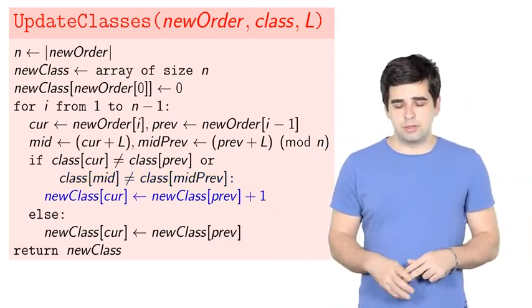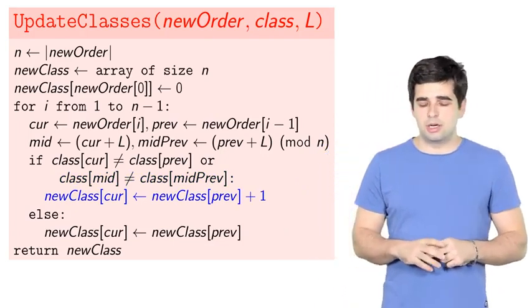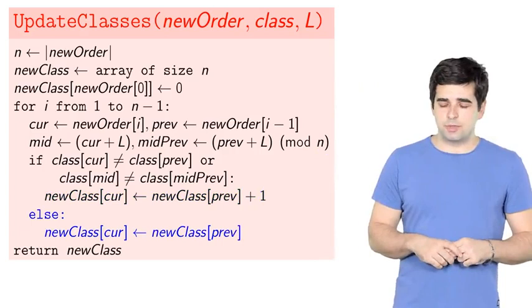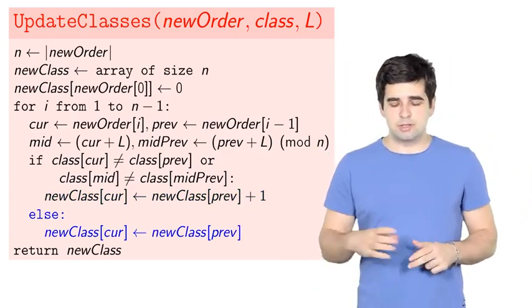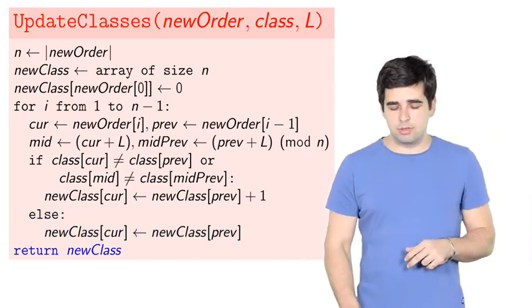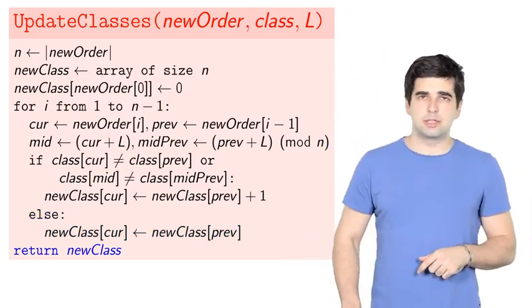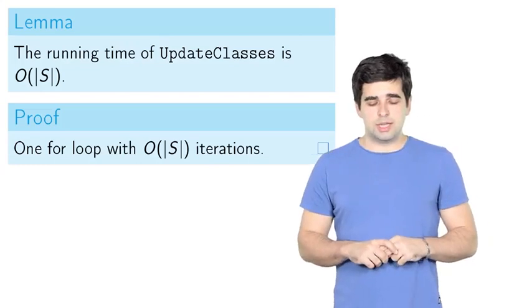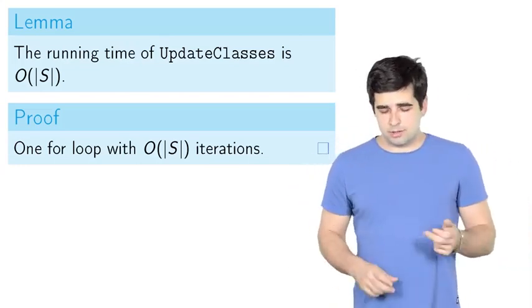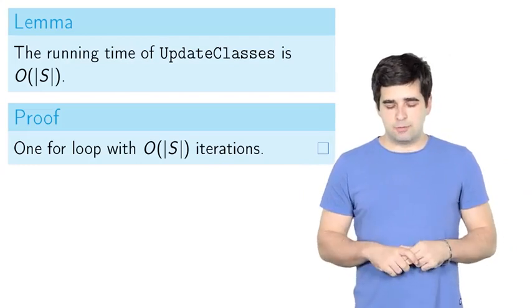So now they are sorted by the first half, and the counting sort was stable, so in case when their first half is the same, they're also sorted by the second half, because they were sorted by second half initially. So new order finally contains all the doubled cyclic shifts in the correct, sorted order.